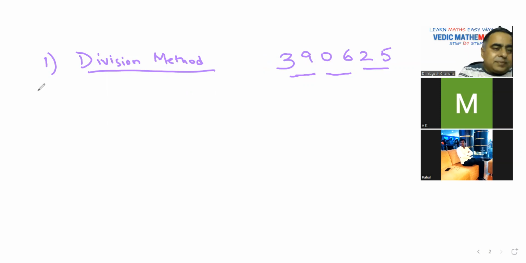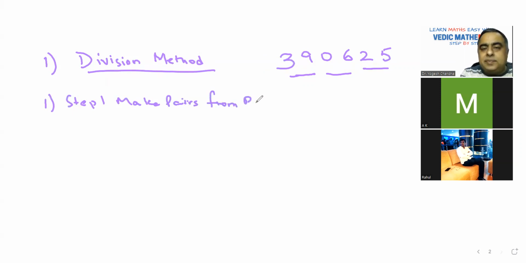Step 1 is make pairs. So we have done it, from the right hand side. Second step. Now the diagram is like this.